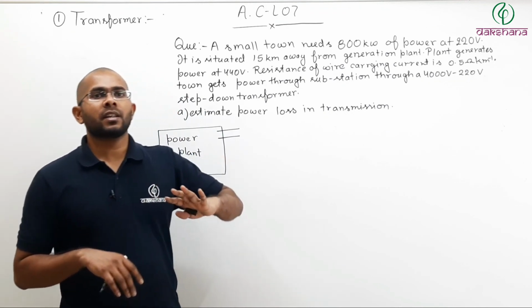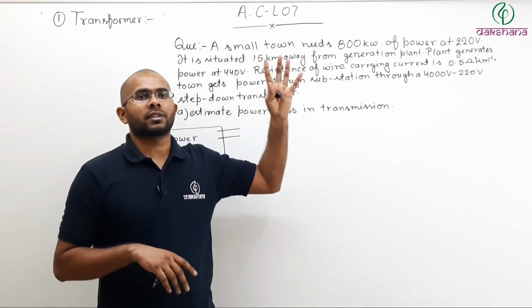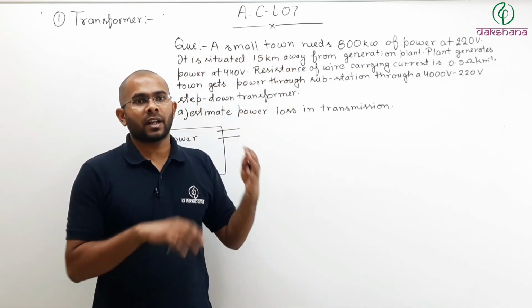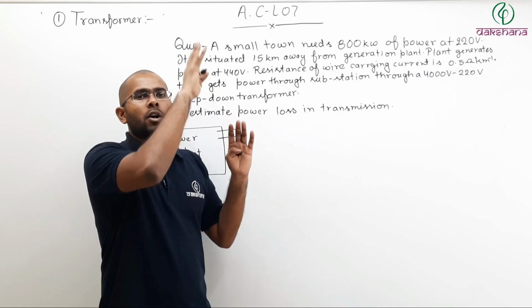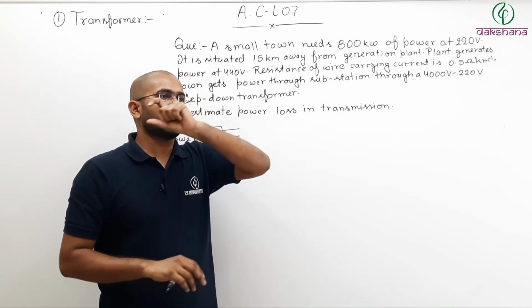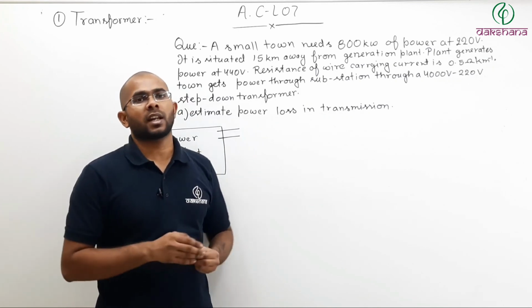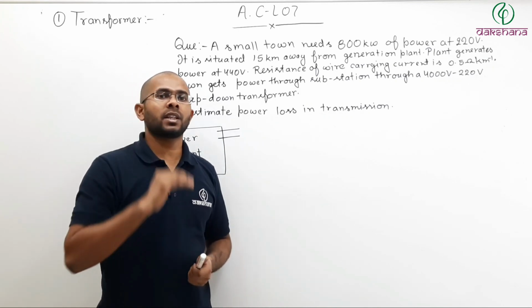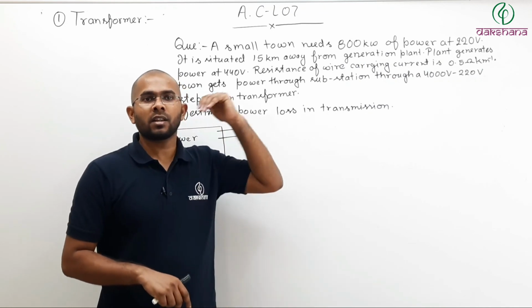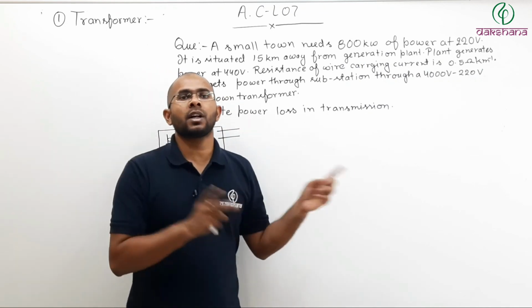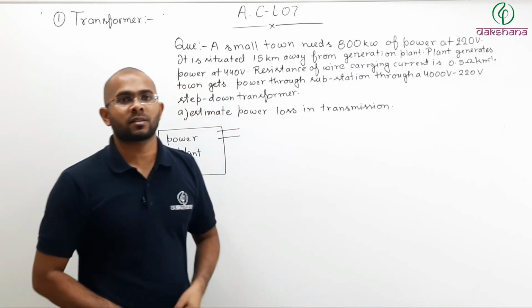You might have seen those very long towers, especially in the countryside. There are very thick wires going through those towers. Those are your transmission lines. Sometimes when you stand beneath the tower, you can actually hear the humming noise. That is due to the power transmission.